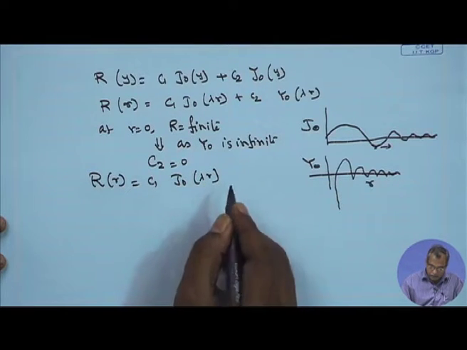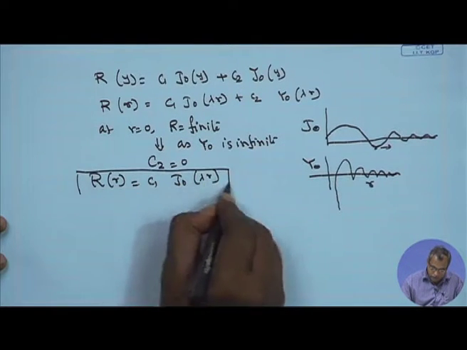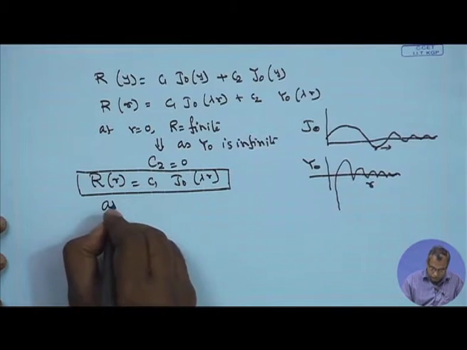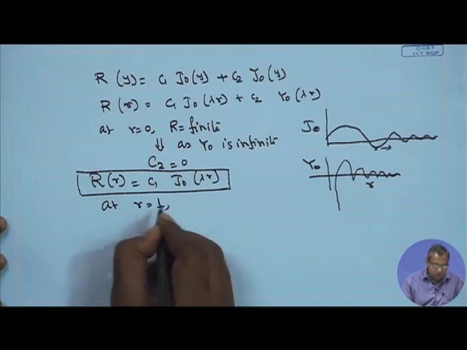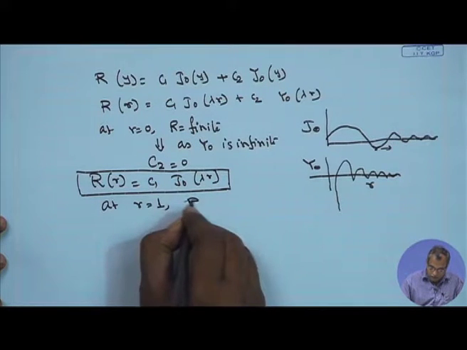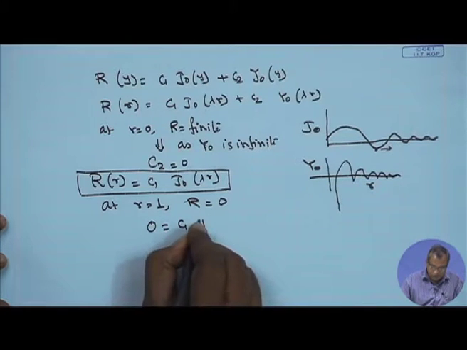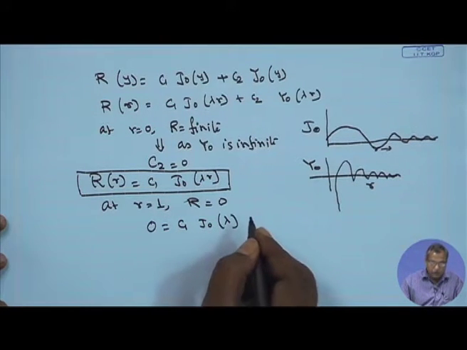Now, this is the solution, or the eigenfunction, of the particular problem, and we put in the other boundary condition, that is at r is equal to 1, R is equal to 0. So, that means 0 is equal to C1 J0 lambda. Now, in order to have a non-trivial solution to this particular problem, we must have C1 not equal to 0.